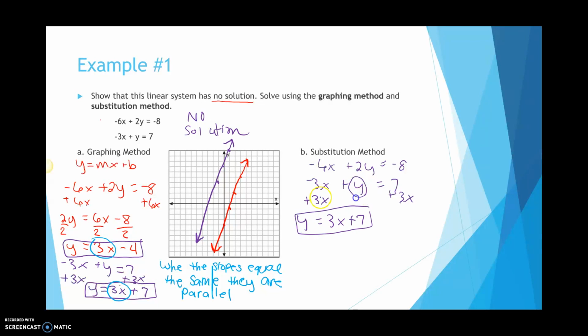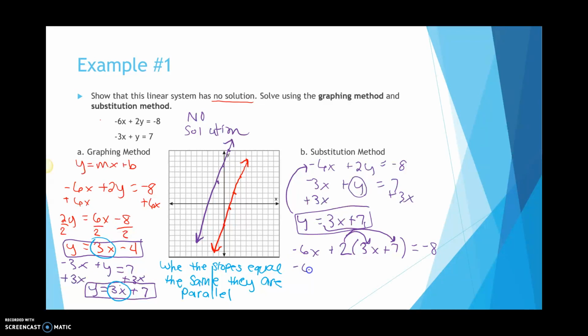So I'm going to take that and substitute it into the top equation. Wherever I see a y, I'm going to plug in 3x plus 7. So we have negative 6x plus 2 times 3x plus 7 equals negative 8. I'm going to distribute the 2 outside the parentheses to each term inside.